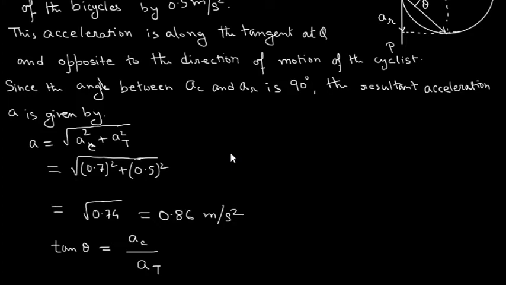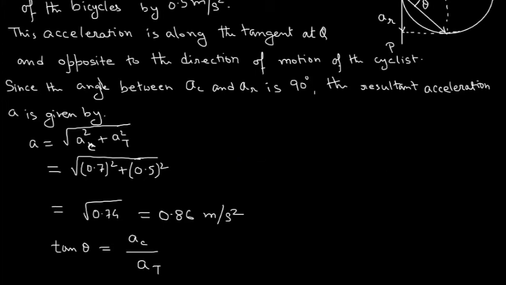So we can write, since angle between AC and AT is 90 degree, the resultant acceleration A is given by A is equal to under root AC square plus AT square is equal to under root 0.7 square plus 0.5 square is equal to root 0.74, which is 0.86 meter per second square.